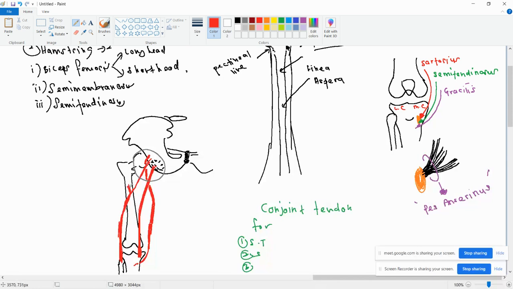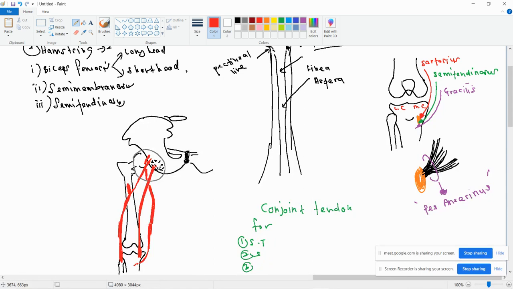This is your short head actually, right? How come short head? This is your short head, am I right? In order to move your hip joint, this tendon must pass through your hip joint, but somehow this joint is below, am I right? It doesn't pass through your hip joint actually. Only the long head passes through, am I right, class?